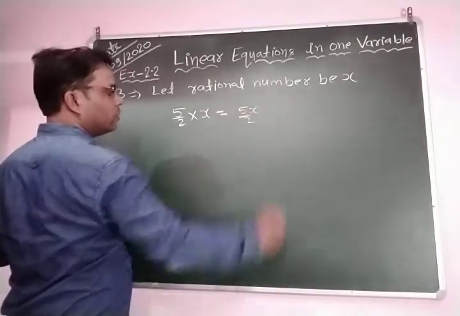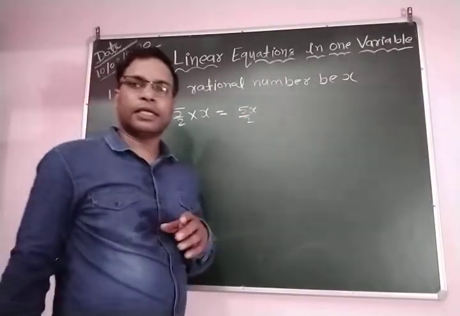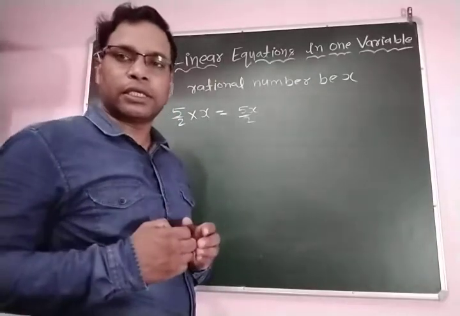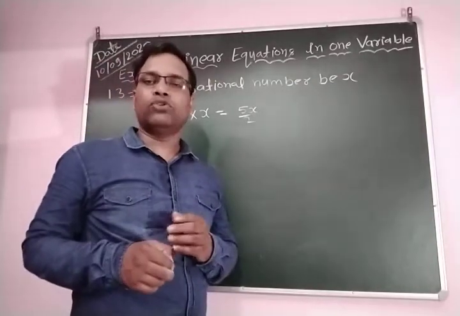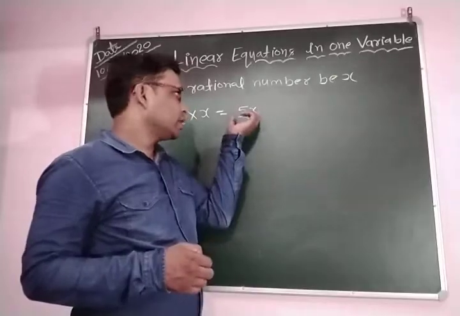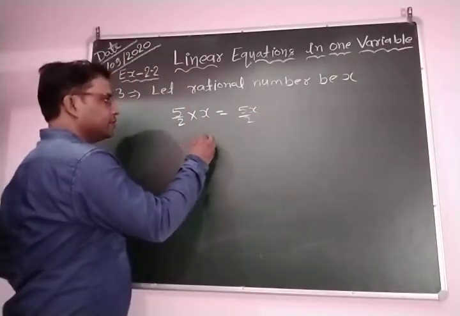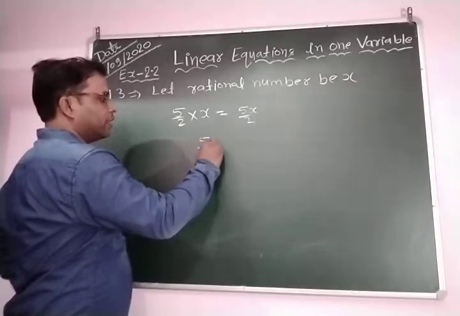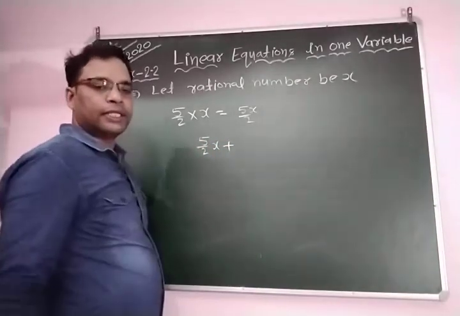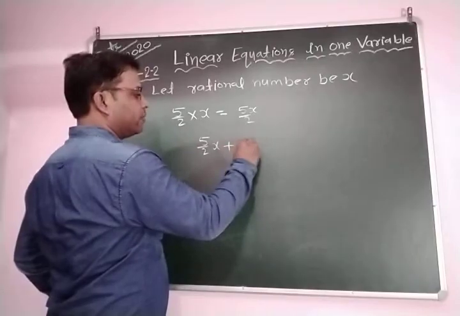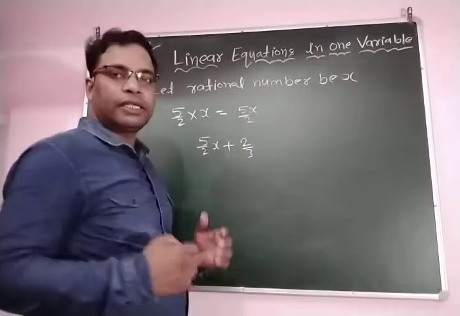5x by 2. After this, the question says to add 2 by 3 to the product. This is the product of 5 by 2 and x. And we add it: 5 by 2 into x plus 2 by 3. And what is the result?